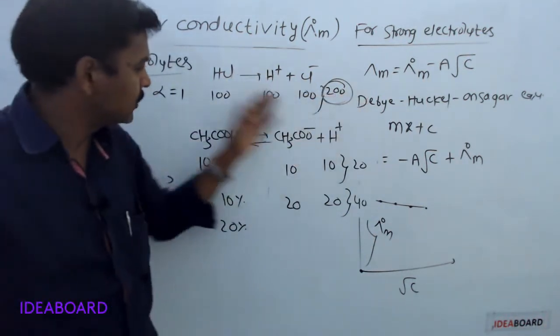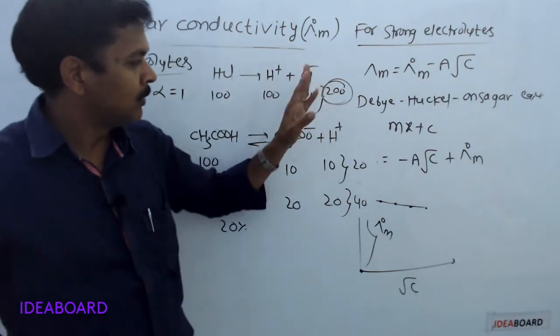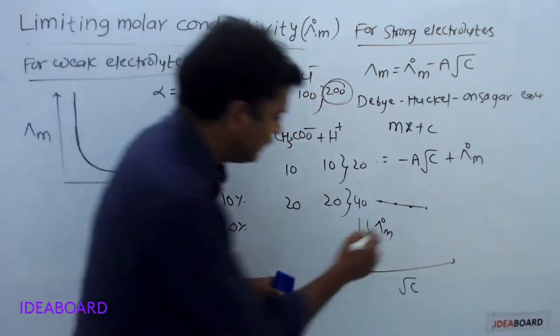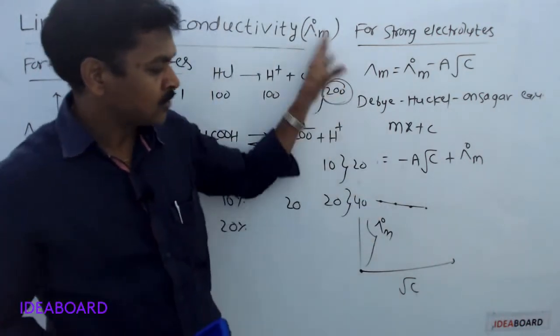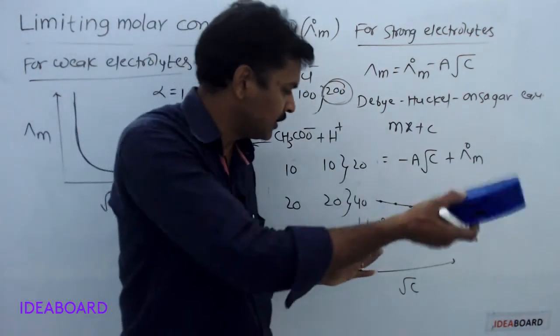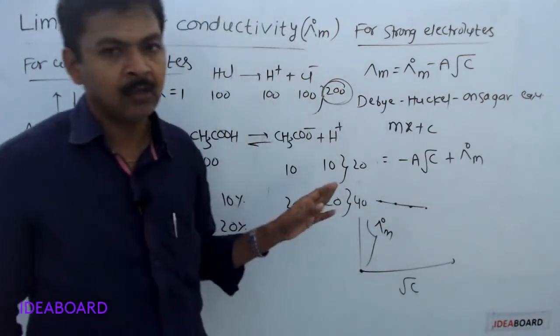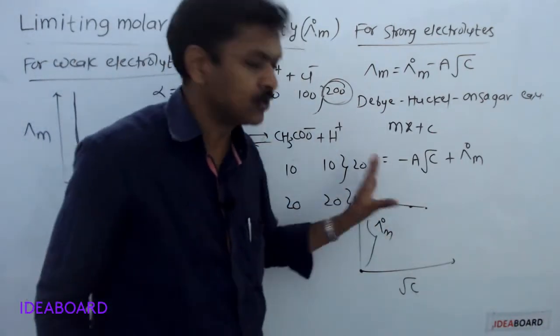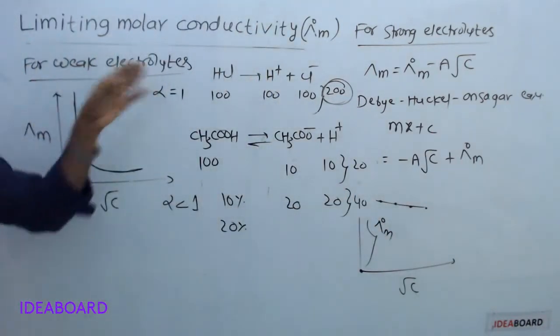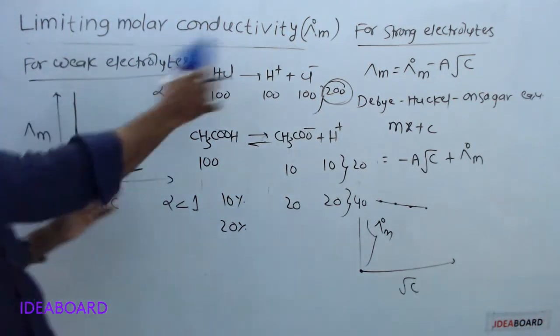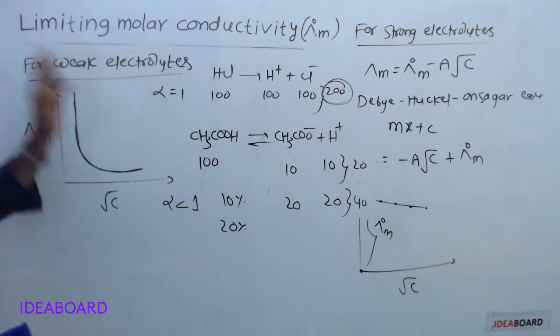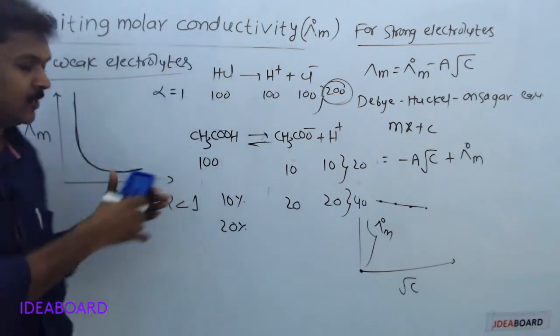Whereas in strong electrolytes, there is no increase in the number of ions, so the increase is very less. In strong electrolytes, on dilution molar conductivity increases, but only very little. In weak electrolytes, on dilution molar conductivity increases, and that increase is very large.